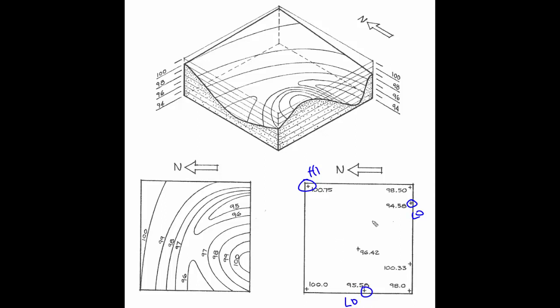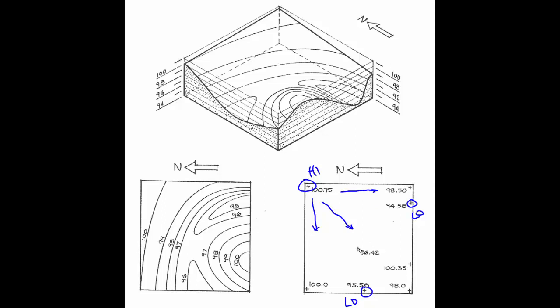Okay, so if I start thinking about how the water flows, I want you to imagine water falling on this tract, and which direction would it flow? Well, it goes this way some, and then it definitely goes downhill. Looks like it goes this way.